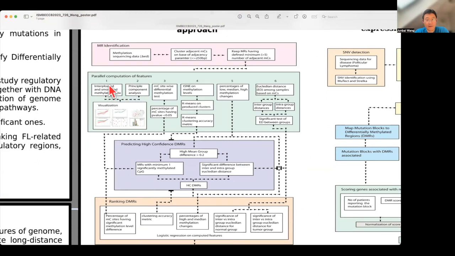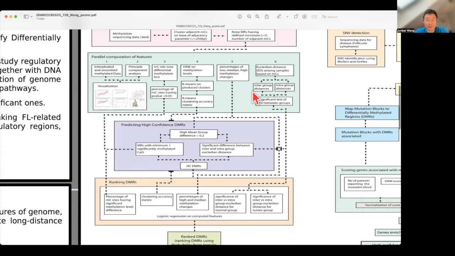Here, we first identify the methylation regions genome-wide. Then we base on 6 features in each methylated region to try to make a classification. First, we have a principal component of methylation changes and a differential methylation CG site changes and all kinds of feature scores produced within each methylated region.